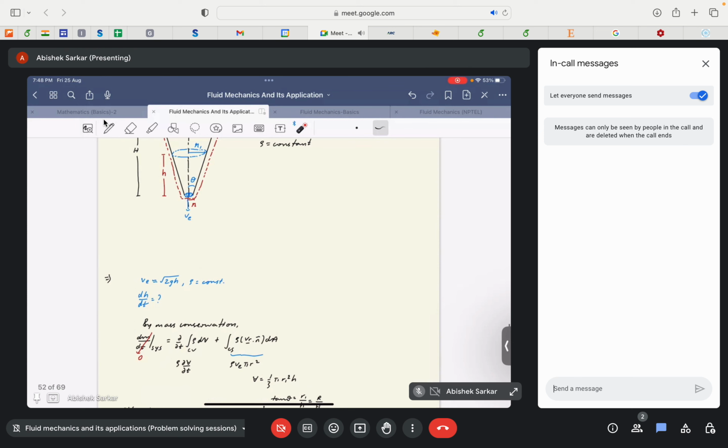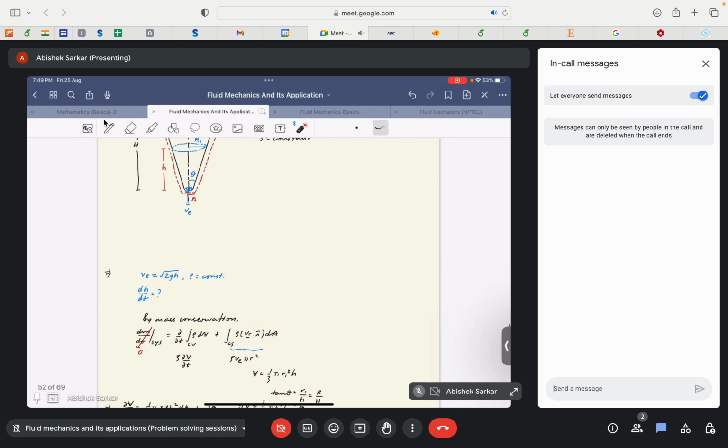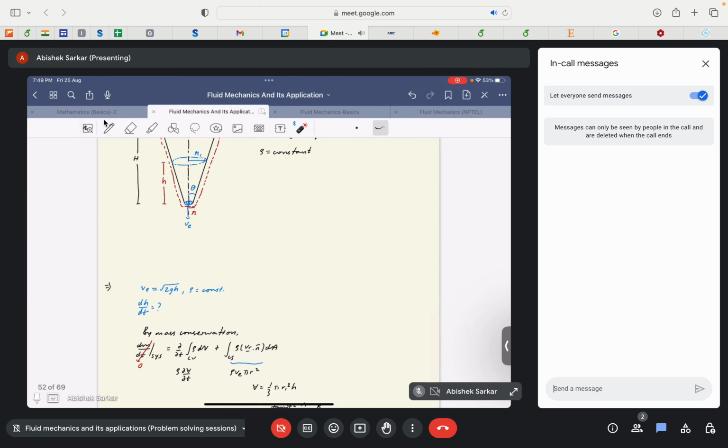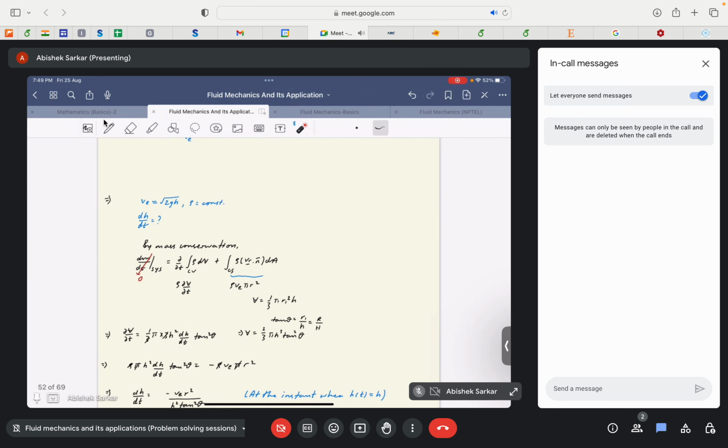That's why this blue region can be taken as our control volume, so it will change continuously with time. So the volume of this region can be taken as 1 by 3 pi r1 square h. It is again an approximation.